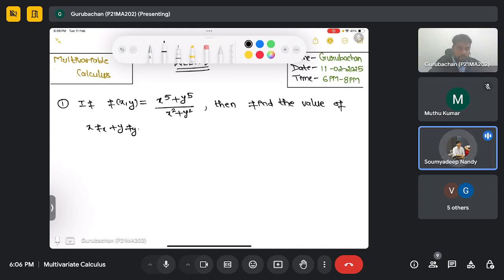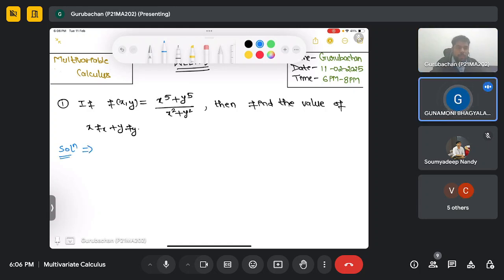So 3 into (x to the power 5 plus y to the power 5) by (x square plus y square). So that means 3 into f, right? Yes, sir. Euler's theorem. Okay. But my question here is, why are you applying Euler's theorem?